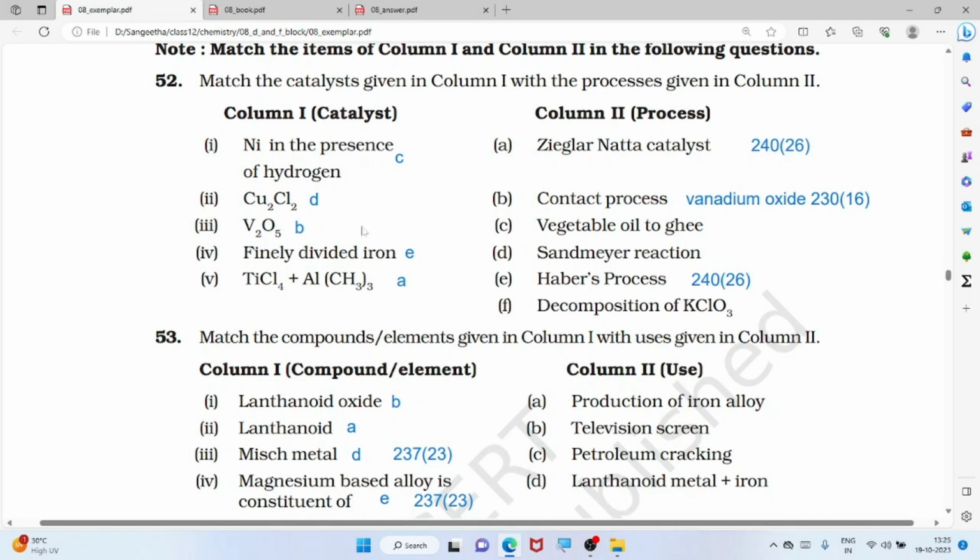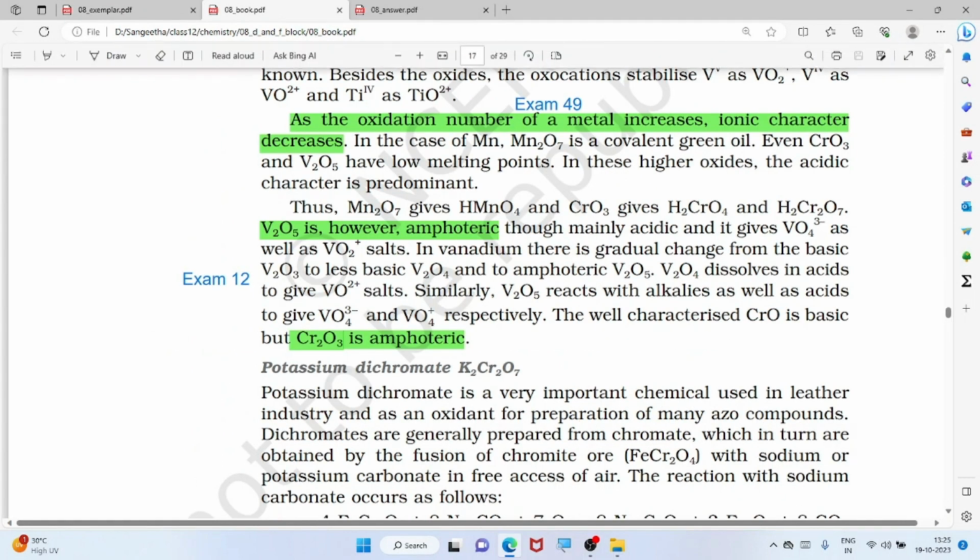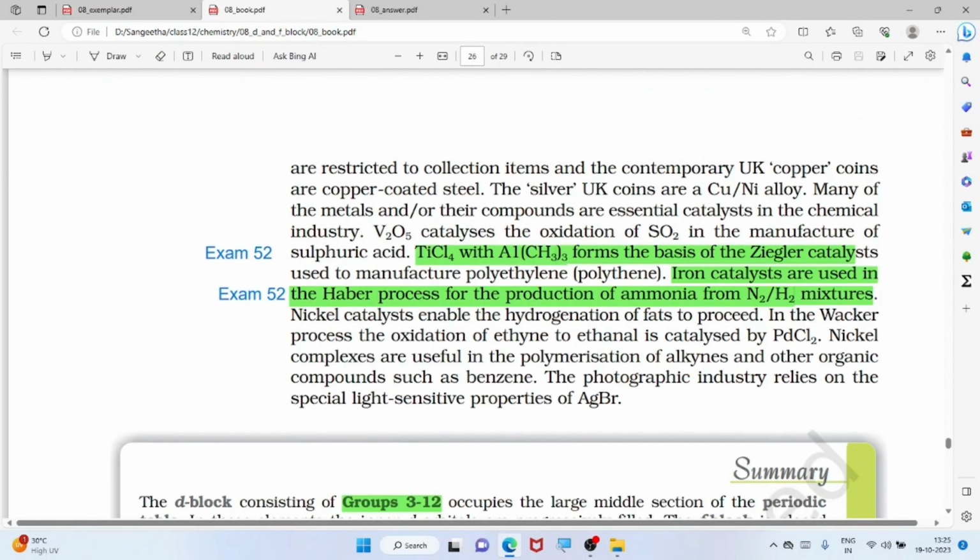D, Sandmeyer's reaction. B, contact process. So these are all given in this book. Okay, 26. Haber process, Ziegler catalyst.